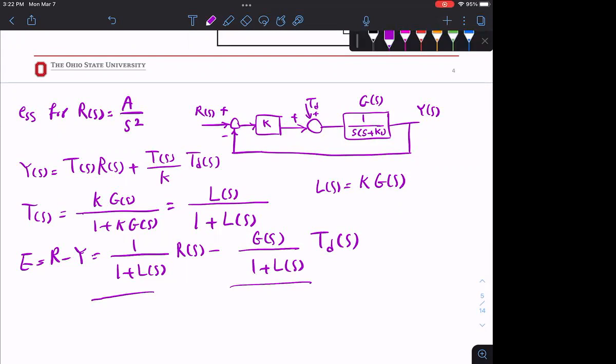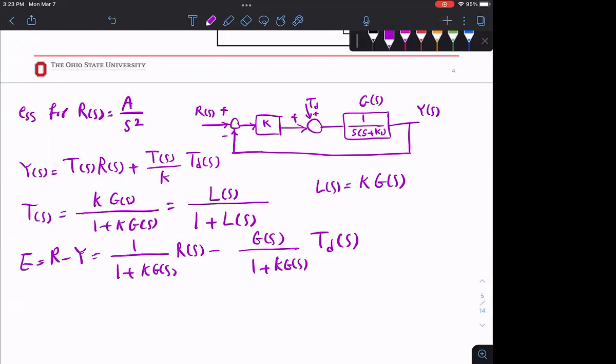R goes to your system, then there is a disturbance that deducts from that, all right? Again, this is just a fancy way of writing it. It doesn't add or deduct any information. If you don't use L(s), if you used KG(s) here, you'd be fine. It's the same thing, just a different interpretation.